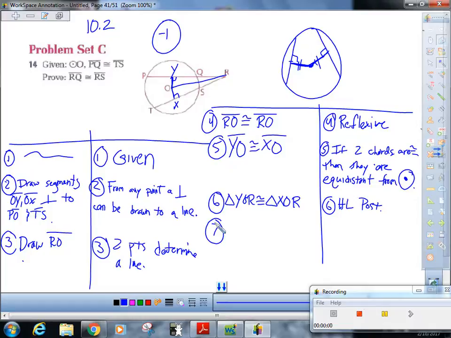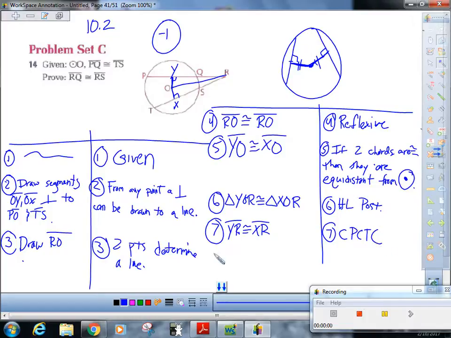Now I can say that YR, let's see, what am I getting at here? YR. Okay, wow, this is going to be tough. YR is congruent to XR by CPCTC.